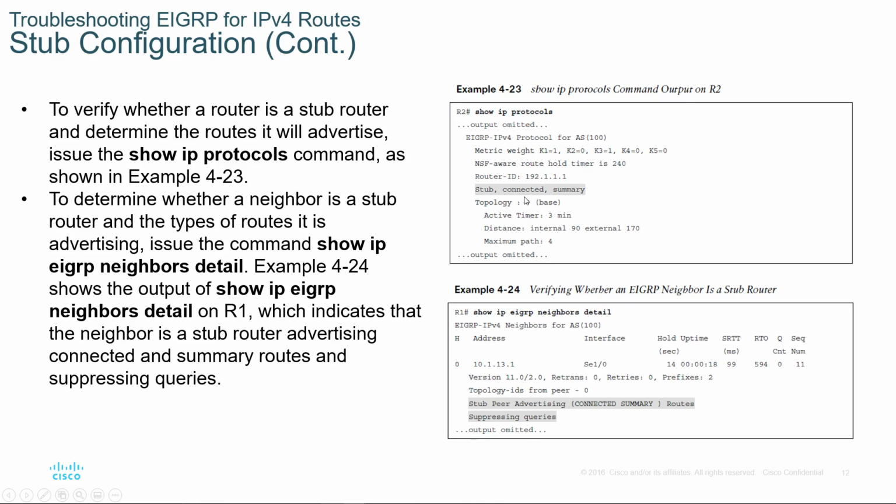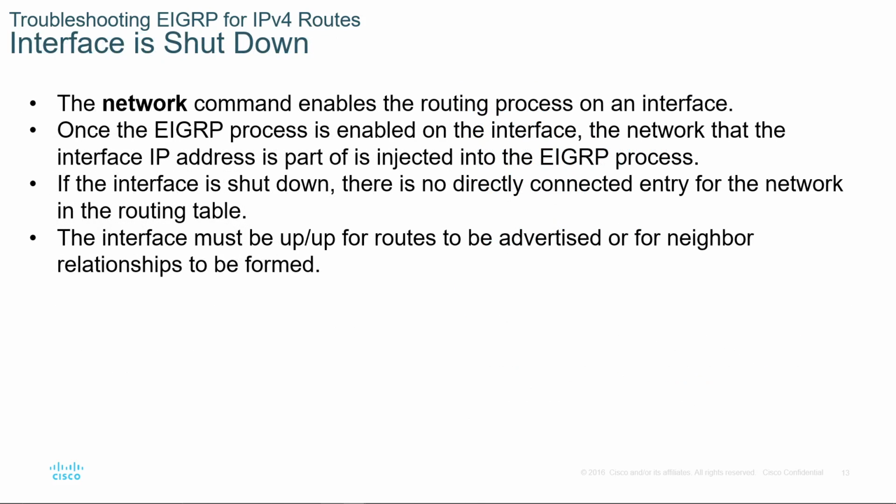Under IP protocols, we'll get a stub listing, and when we do our show IP EIGRP neighbors detail, we'll get a stub peer advertising and the note saying queries are being suppressed. So it's pretty clear if you use the correct commands what those modes are.